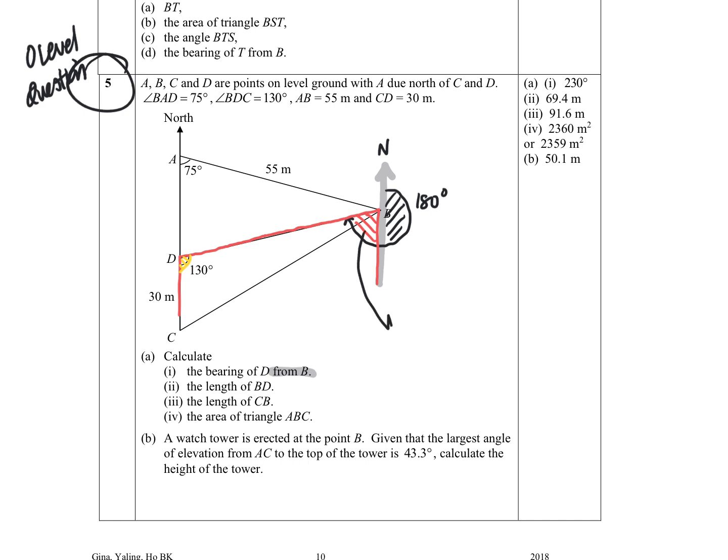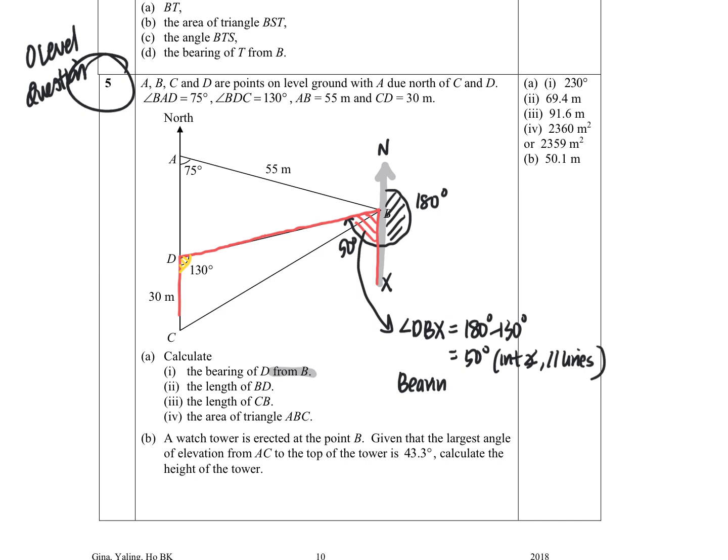So how to find this one? I will write DB. Let's call this X. So angle DBX is 180, take away the 130. So this is 50. This is called interior angles, parallel lines.